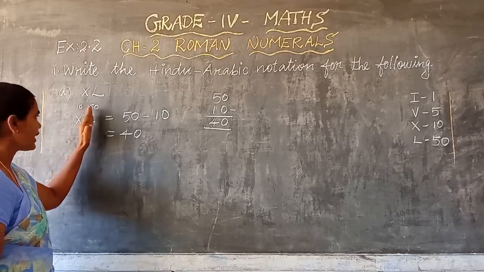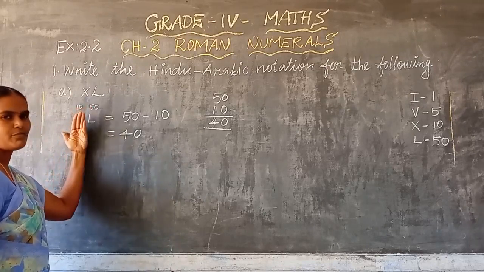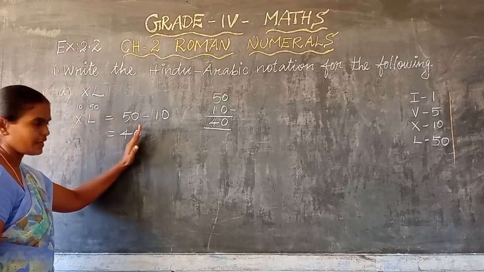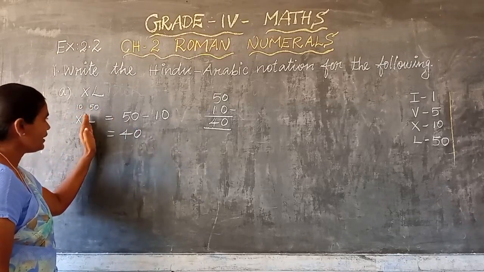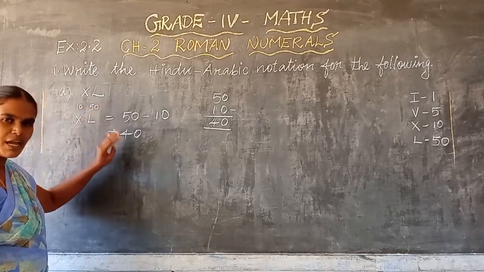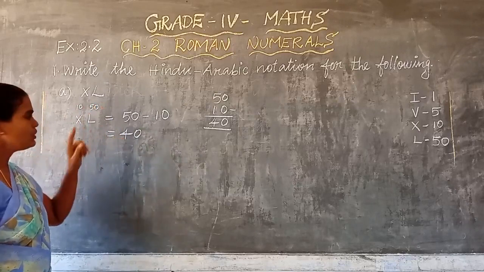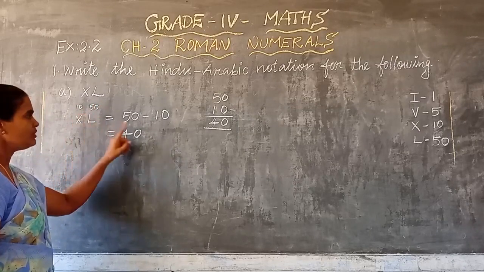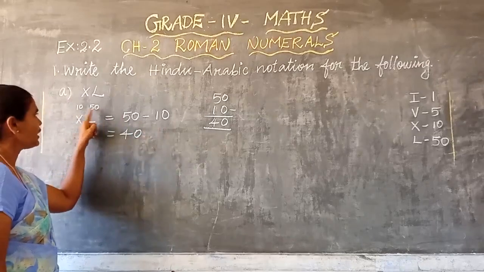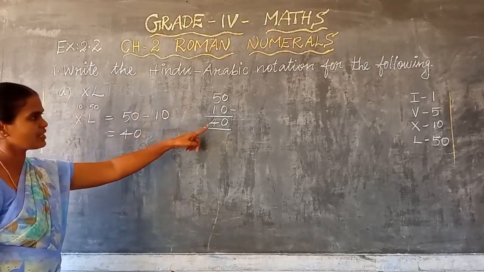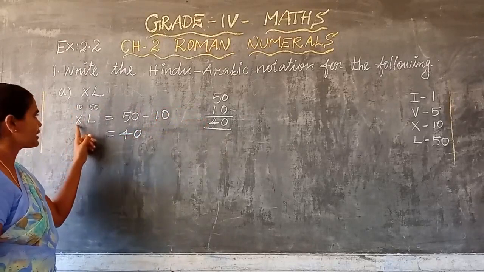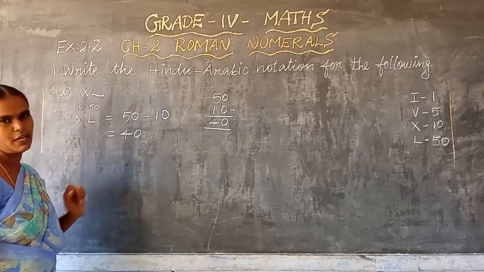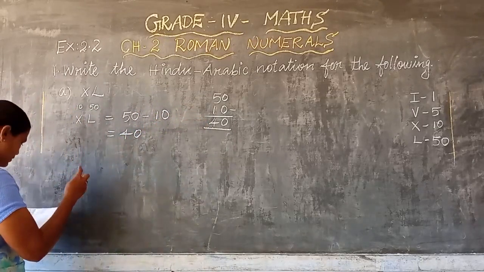Greater number with the small number on the left side means subtraction. Greater number with the small number on the right side means addition. These are the two rules. So here the greater number has the small number on its left, so subtraction: 50 minus 10 we get 40. So XL value is 40. Next, question b.